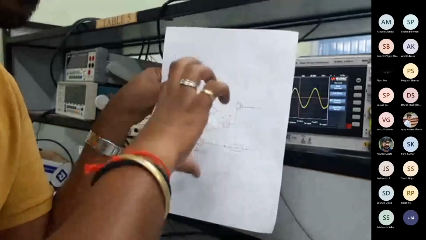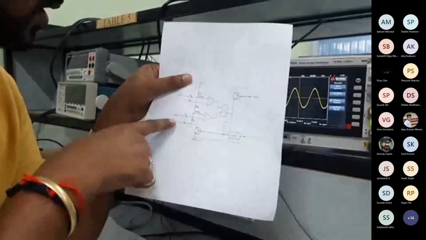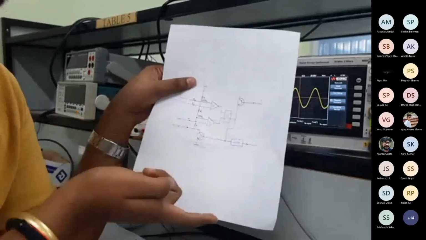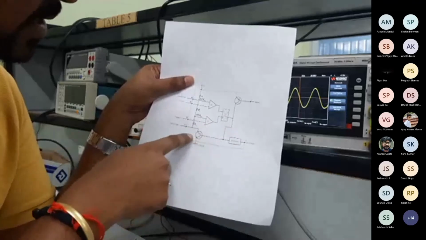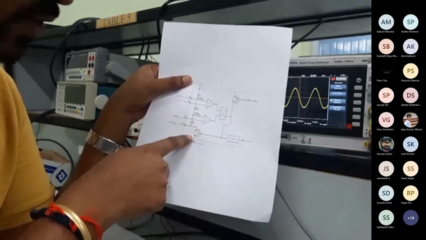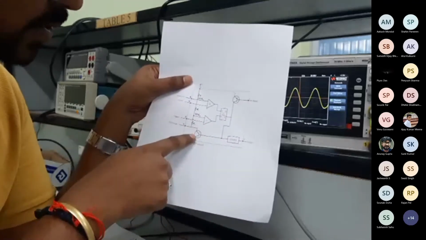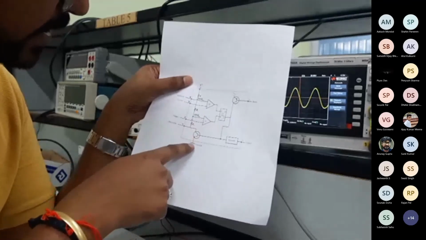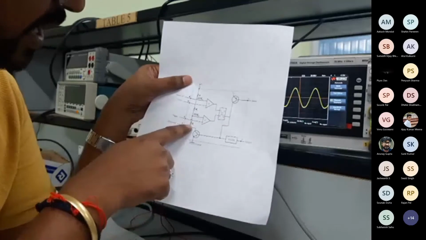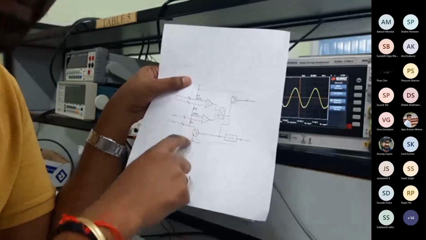Suppose you are operating plus minus 15 volt, so pin 7 can be 0 or minus 15 also, because the output will decide whether this transistor is in cutoff mode or saturation mode. If the transistor is in saturation mode, that means Q bar will be high, so this R will be connected directly to the ground. So the potential drop here will be 0.